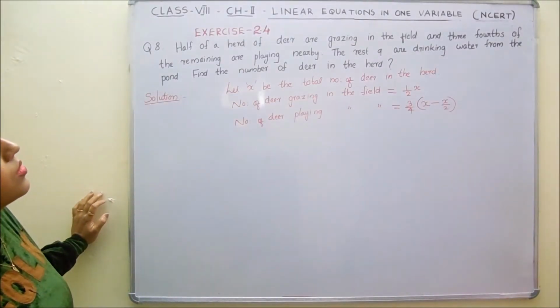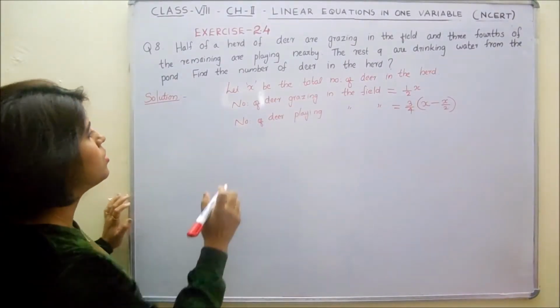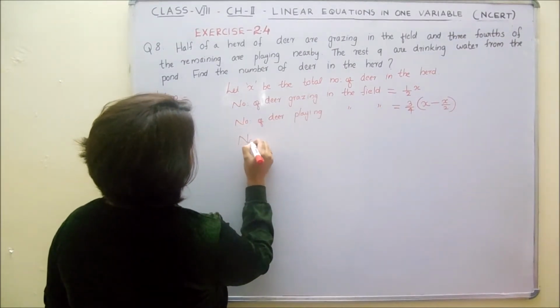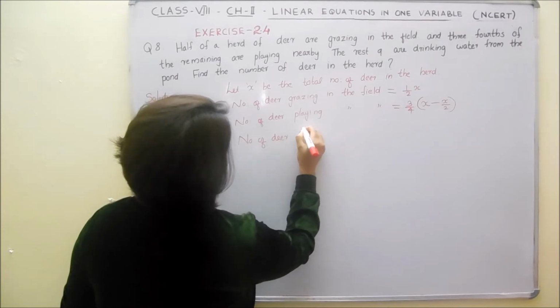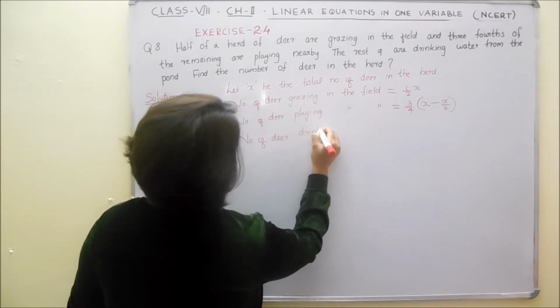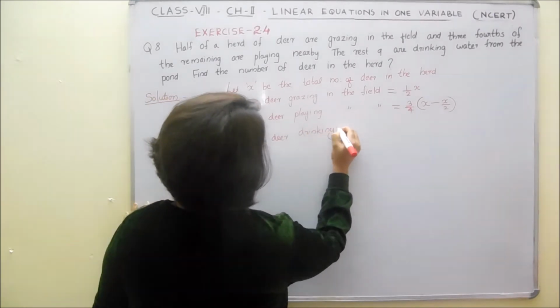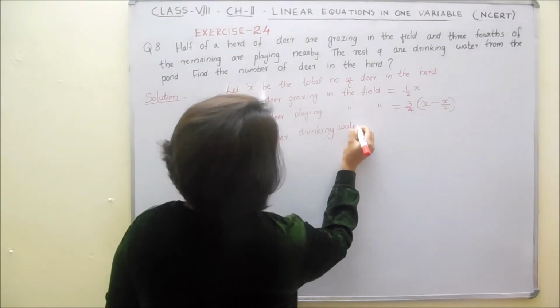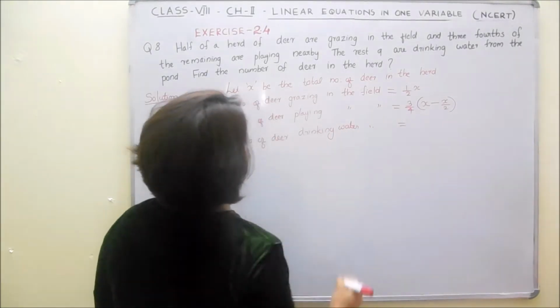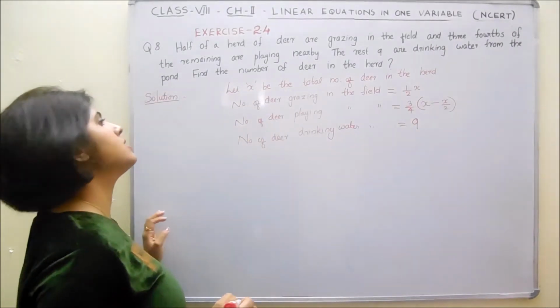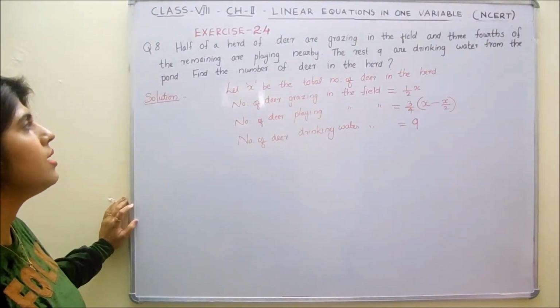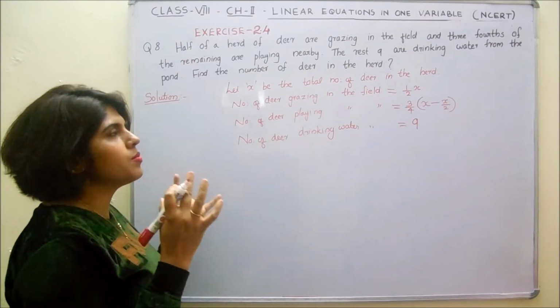Now the number of deer drinking water in the field equal to, the exact number is given, that is 9. Okay, so what would be the total number of deer?